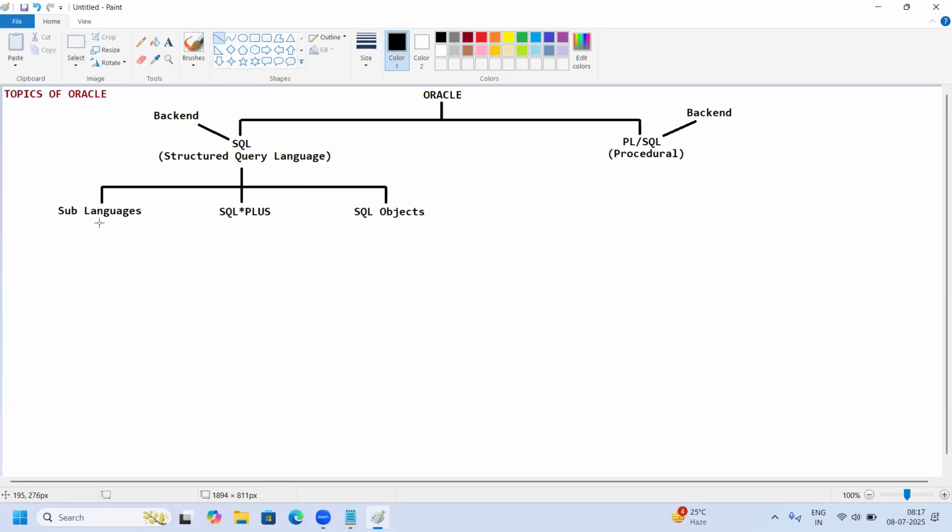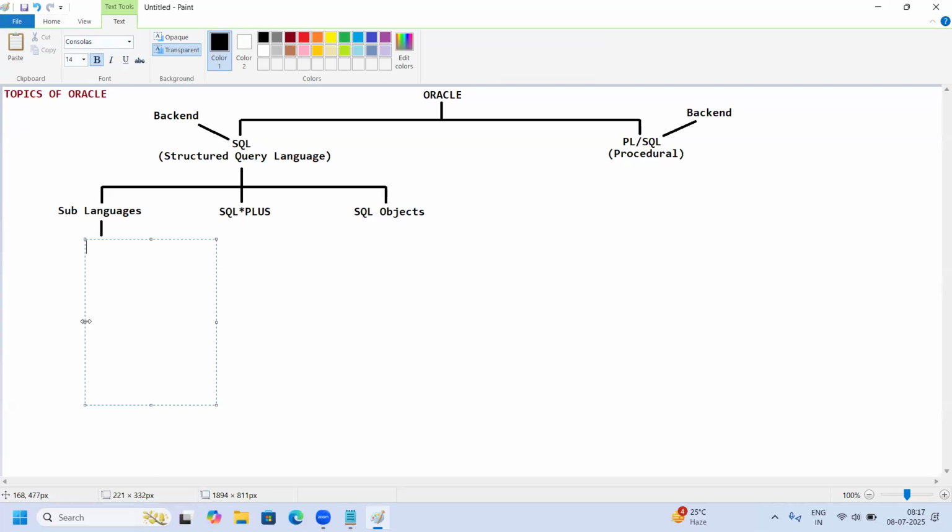Under sub-languages, I won't explain them now. I'll just make a list of those languages we are going to study in it. Introduction to SQL is one separate topic we have, and at that time, I'll explain every language in detail. But at this stage, I'll just make a list. What are they? One language is DQL or DRL, that is called data query or data retrieval language. Second is DML, data manipulation language.